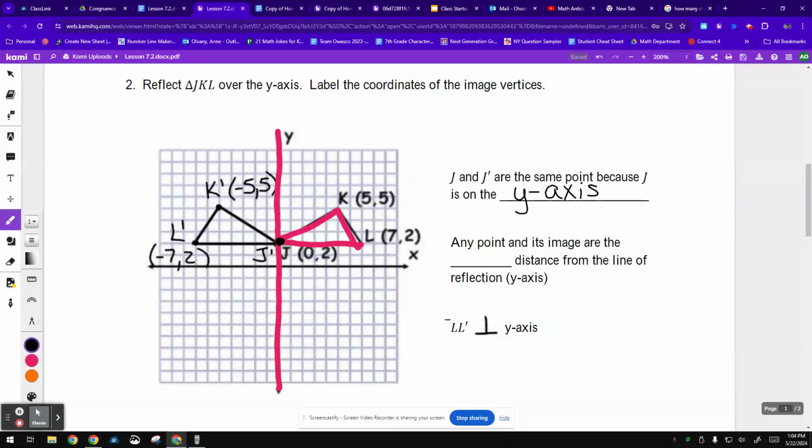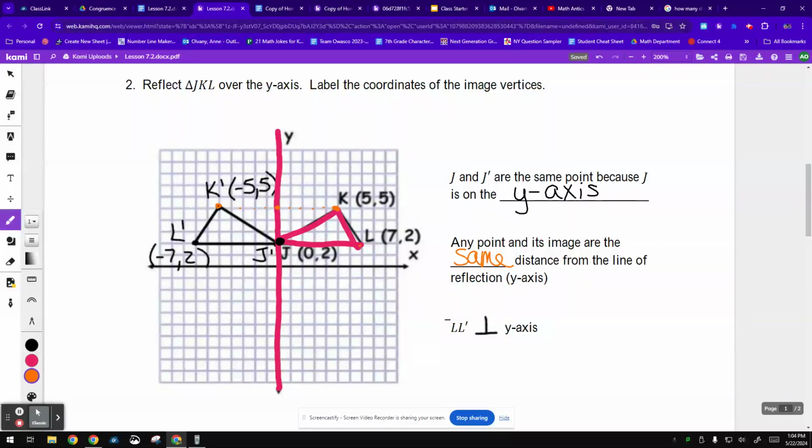And now let's count K. So K to the line of reflection is 1, 2, 3, 4, 5. So now I'm going to count 5 from here. 1, 2, 3, 4, 5. Oops, I went the wrong way. I should have gone this way. K prime. Same difference though, because any point and its image are the same distance from the line of reflection, which in this case is the y-axis.